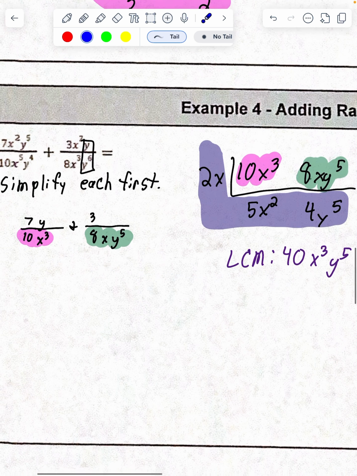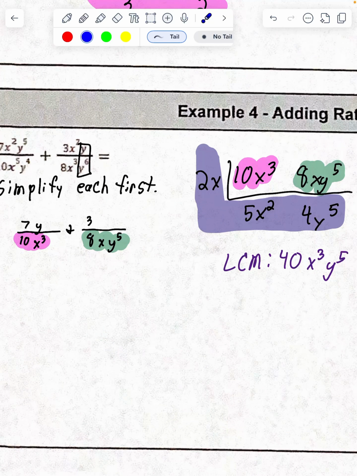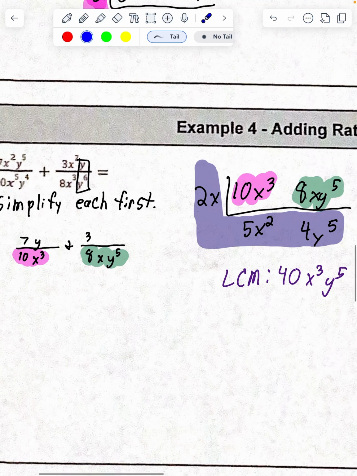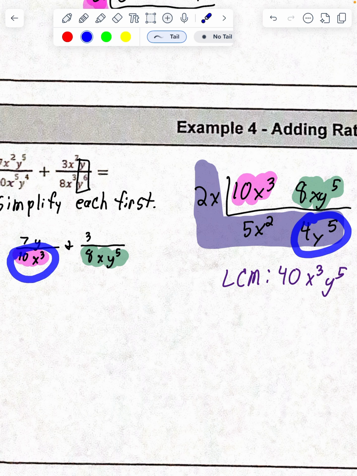Both of those denominators are going to be my LCM. So how am I going to do that? Well, I'm going to multiply this piece right here by this piece. Then I'm going to multiply this piece right here by this piece.